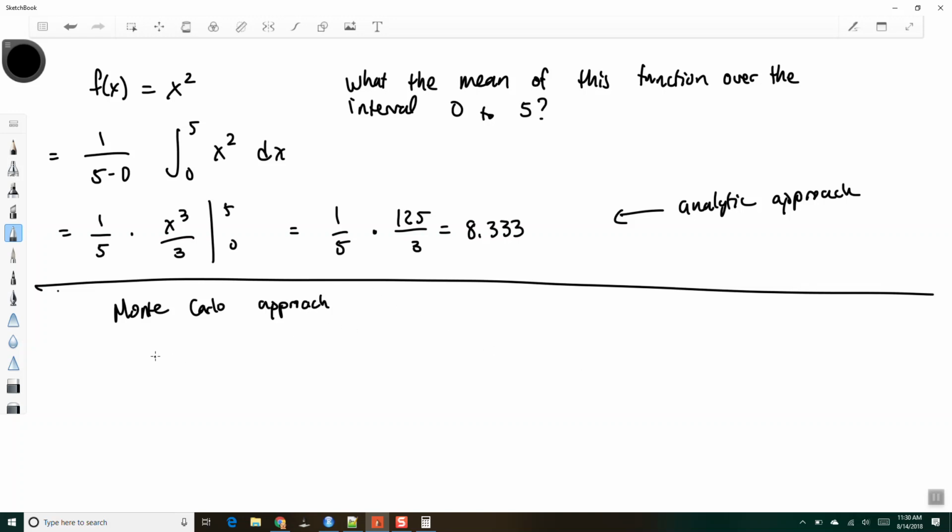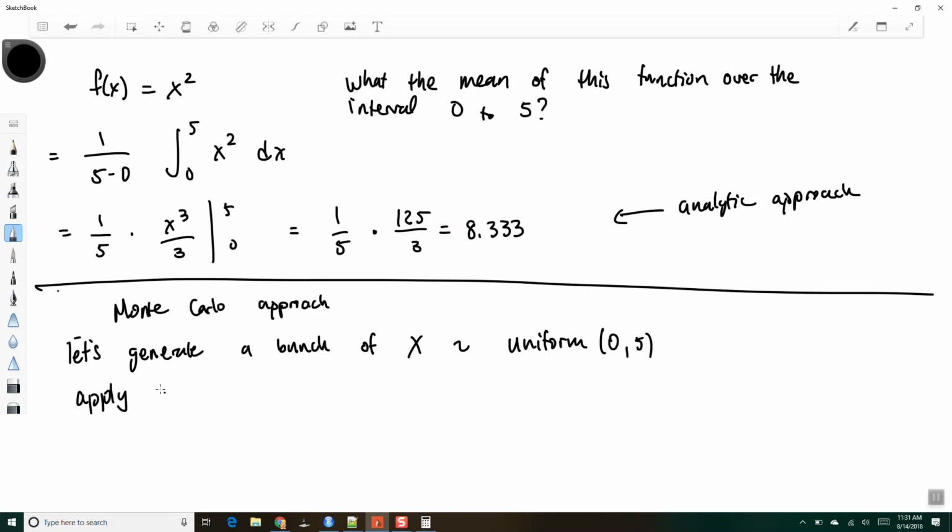The Monte Carlo approach will say, all right, let's generate a bunch of x from the uniform distribution from 0 to 5, and then we apply h of x, x squared, to all of those x values we generated.